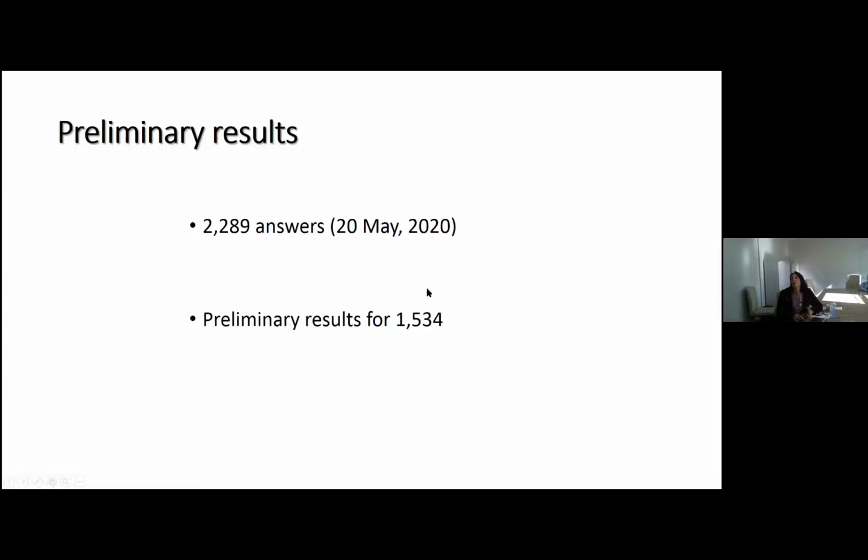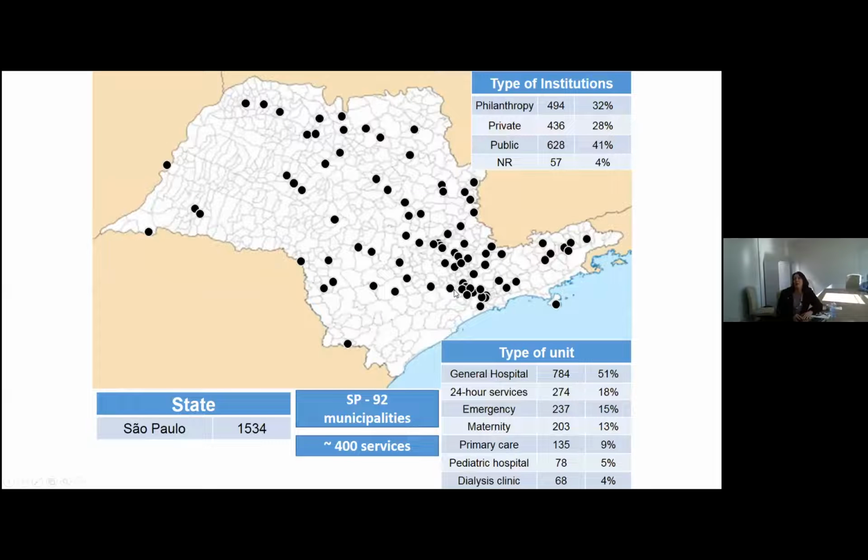But I'm going to show you preliminary results, a few results of 1,500 healthcare workers at different places in the state. So just to get an idea, this is the state of Sao Paulo again, and this is where the answers come from, about 400 different health services and 92 different municipalities.